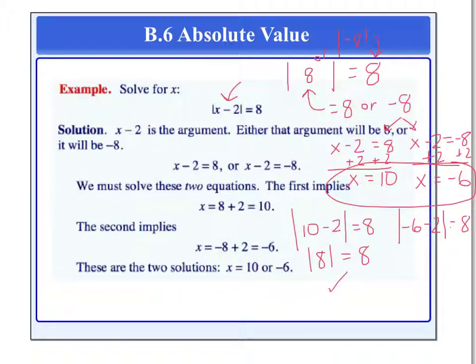So this one works. When I do the next one, I get the absolute value of negative 8 is 8. So we know that it checks out. These are our two solutions right here. The most important thing to keep in mind is that they are not just opposites of each other. It's not just 10 and negative 10. It's 10 and negative 6.